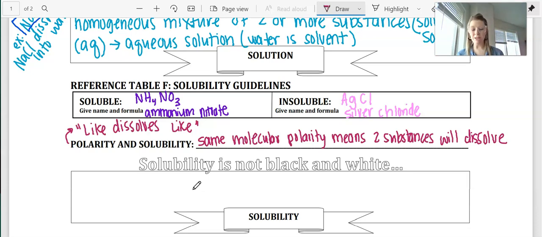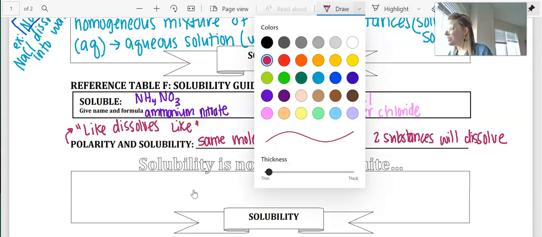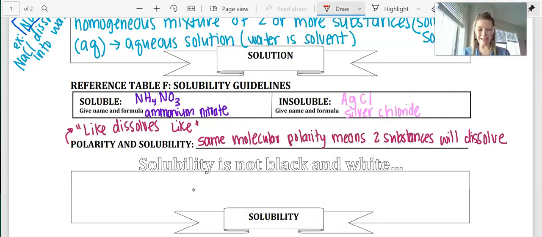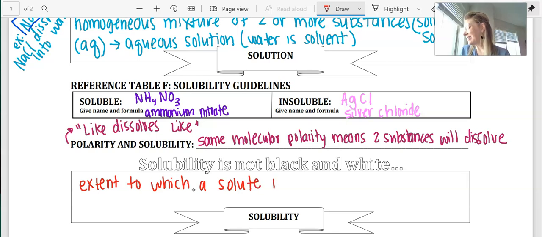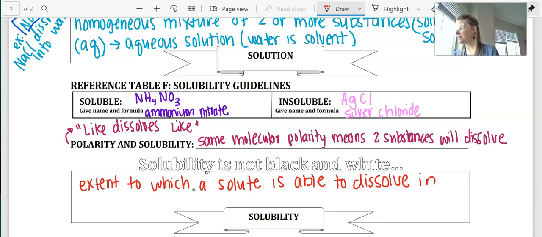And so what I want to do is redefine solubility for this unit, and we're going to define solubility as being the extent to which a solute is able to dissolve, okay? So they might both be able to dissolve, but one of them might be more soluble than the other. And so it's the extent to which a solute is able to dissolve in a solvent.